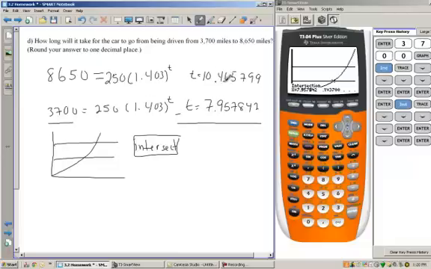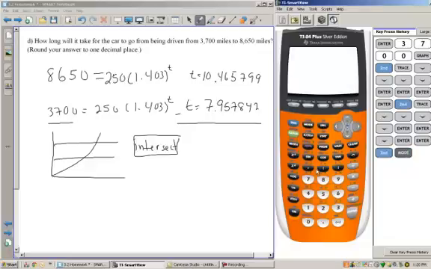And I take these 2 times, and I subtract them. So the idea is, after this amount of time your car has traveled 8,650 miles, and after about 7.957842 months, your car has been driven about 3,700 miles. To find how long it took to travel from 3,700 to 8,650, you simply subtract the times.